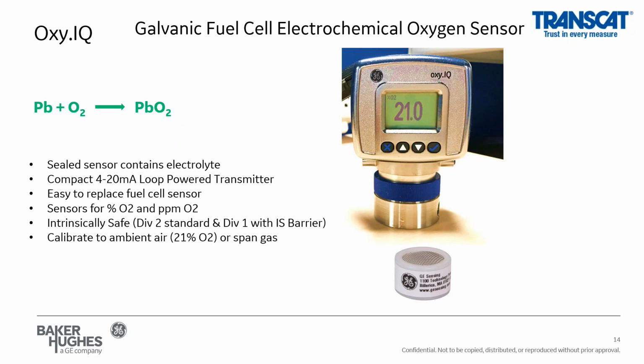If you expose it to 100%, it would deplete 5 times faster than if you expose it to 21%. But still, it's a very good sensor. You can calibrate it to ambient air for 21%, and we also have sensors that are down in very trace levels of oxygen, ppm levels.